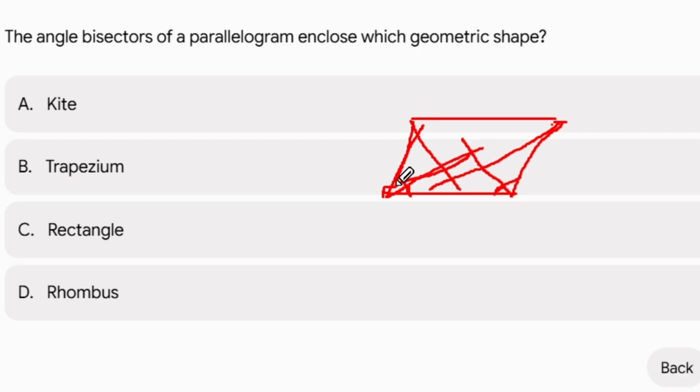By using the angle sum property of a triangle, this angle we get 90 degrees. In a similar way, all angles are 90 degrees. So this is a rectangle. Rectangle is the correct answer.